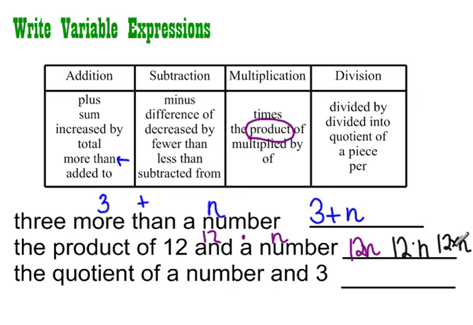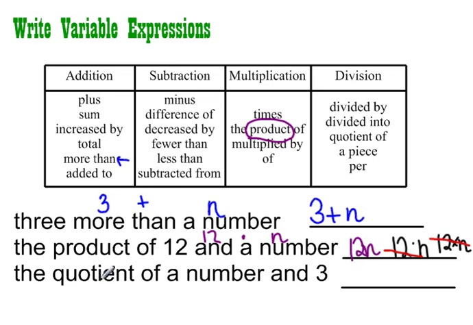Is that an x? Is that a variable? Is that the multiplication sign? I'm just not sure. So you're going to cross those out as a reminder that the only correct way to write this is 12n with the variable right next to the coefficient.